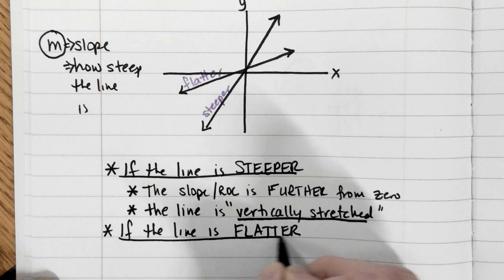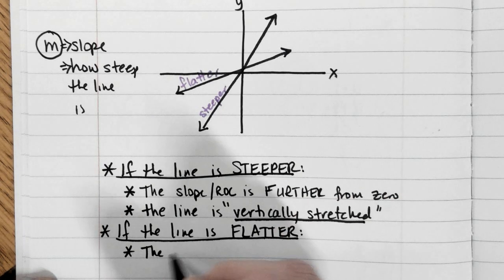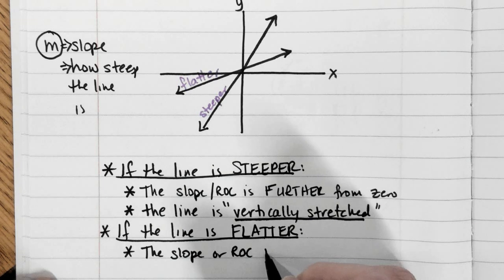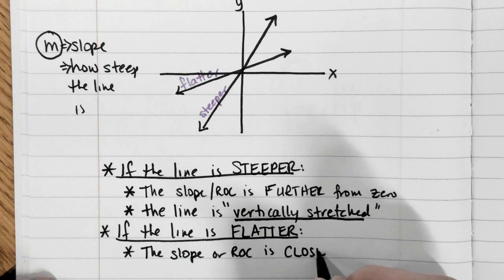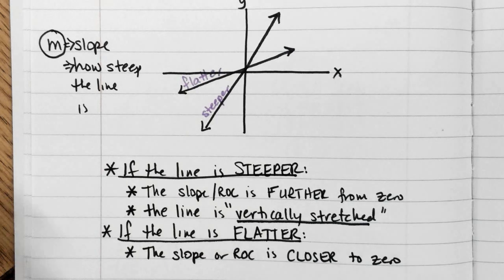okay, if the line is flatter, that means the slope or rate of change is closer to 0. So it might be a fraction.